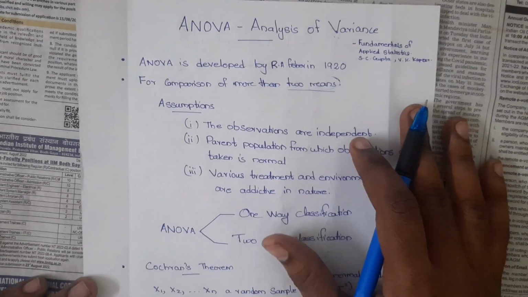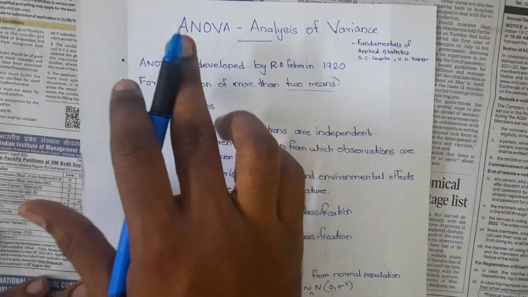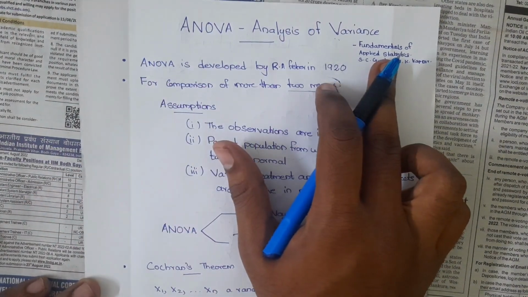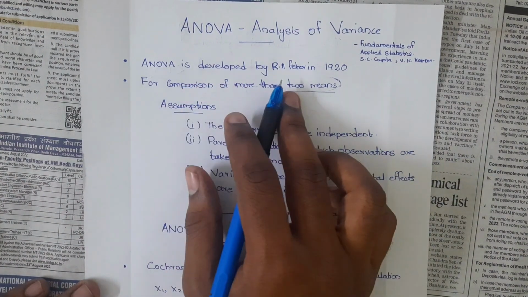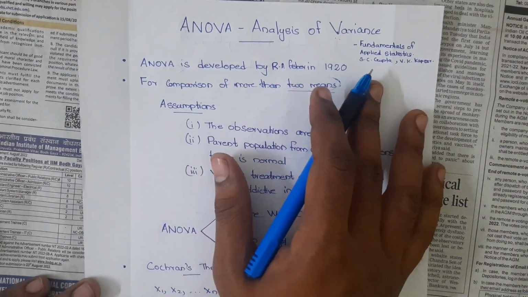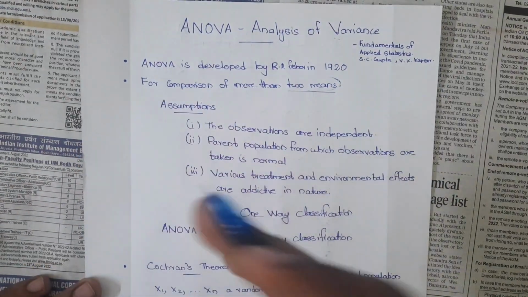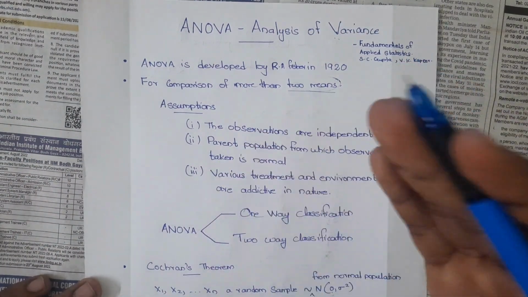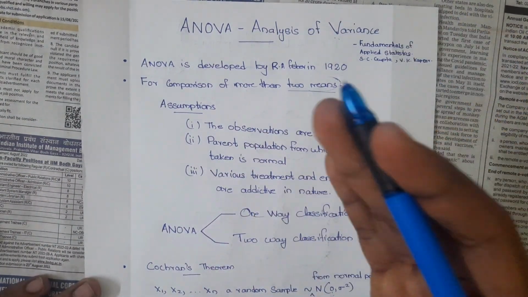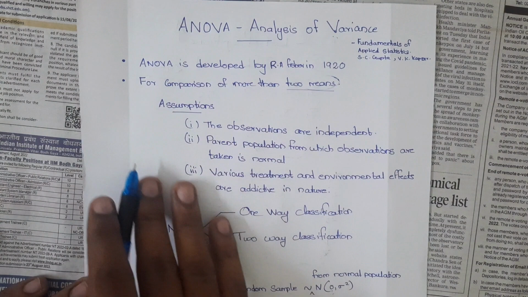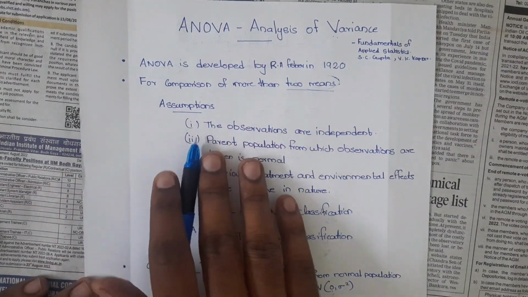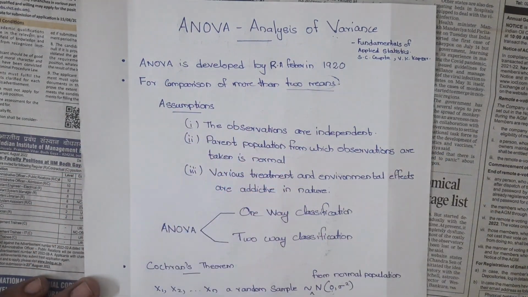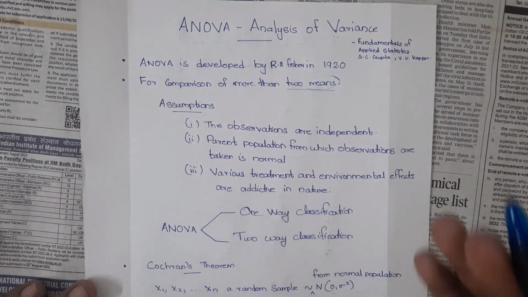ANOVA is analysis of variance, and it was developed by R.A. Fisher in the 1920s. For comparison of more than two means, instead of the t-test and z-test, we can use ANOVA. There are three assumptions for ANOVA: the observations are independent, the parent population follows a normal distribution, and the various treatment effects are additive in nature.